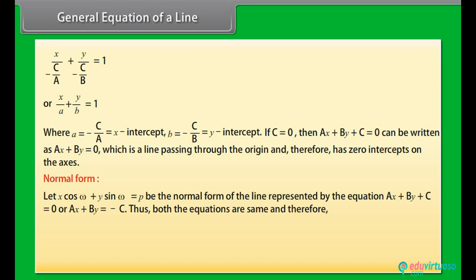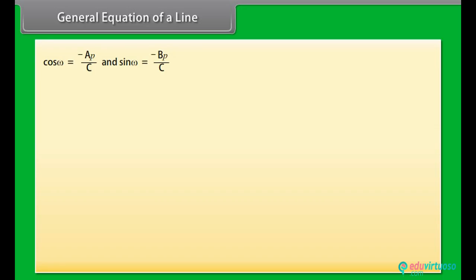Thus both equations are the same, and therefore a/cos omega = b/sin omega = -c/p, which gives cos omega = -ap/c and sin omega = -bp/c. Now sin² omega + cos² omega = (-ap/c)² + (-bp/c)² = 1.